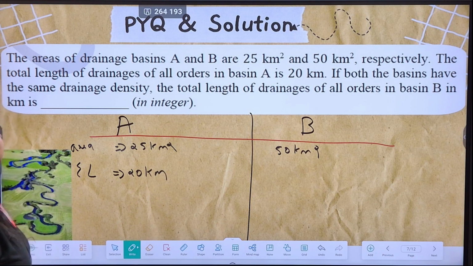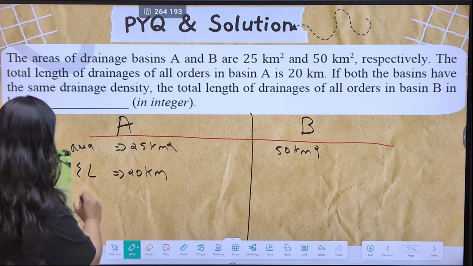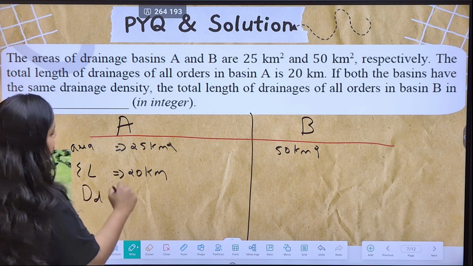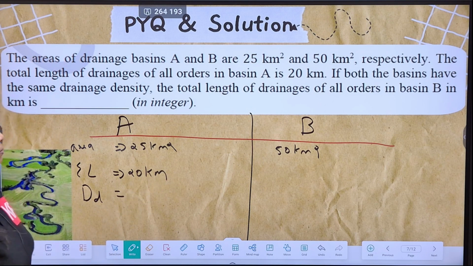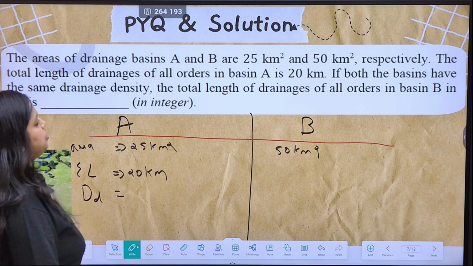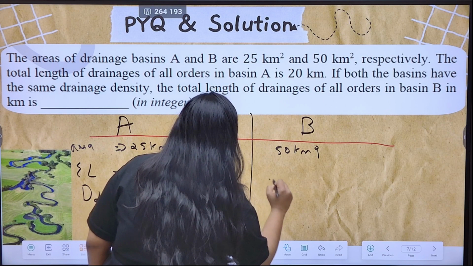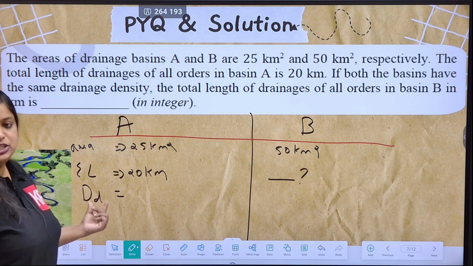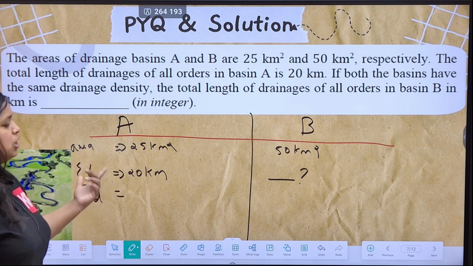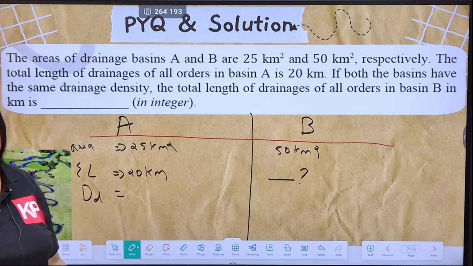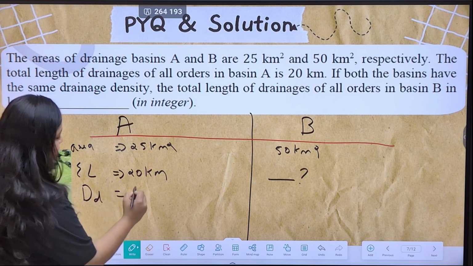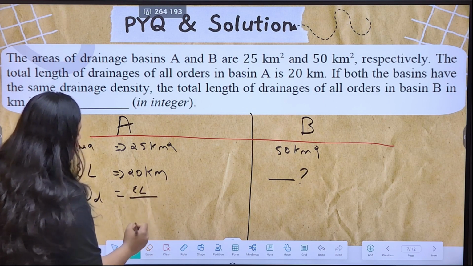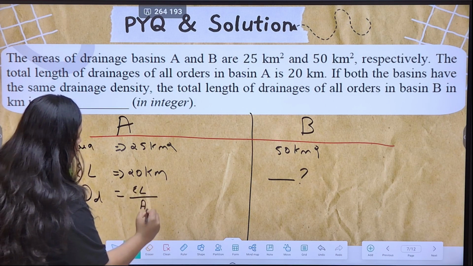If both basins have the same drainage density, we need to calculate the total length for B. We know the equation: drainage density is the total length of the stream divided by the basin area.